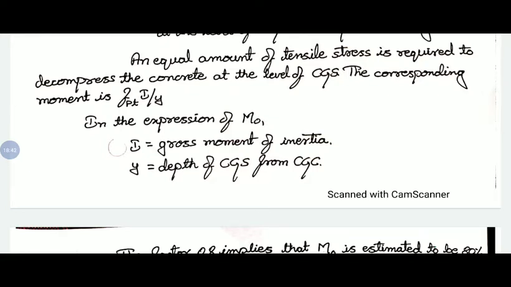So in the M0 equation, I is the gross moment of inertia, that is the moment of inertia of the entire section, and y is the depth of CGS from CGC. So from the centroid of the concrete section to the centroid of the pre-stressing steel we are providing, the distance between those two is y.